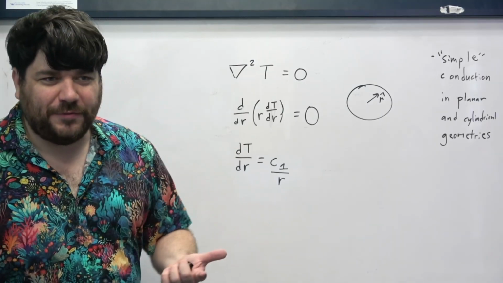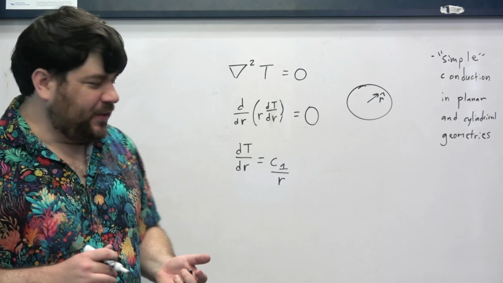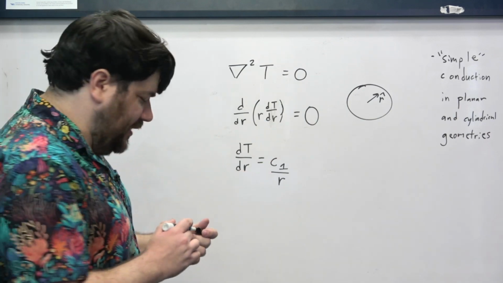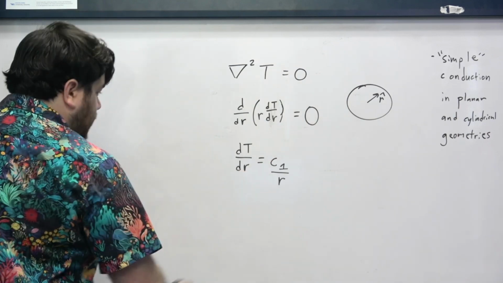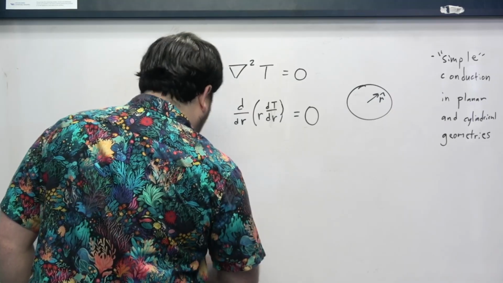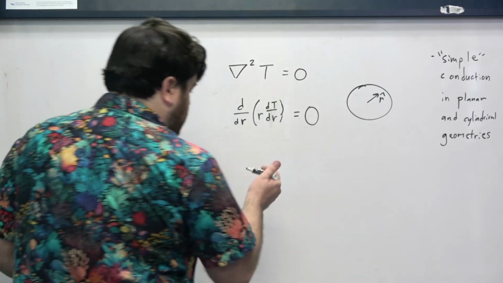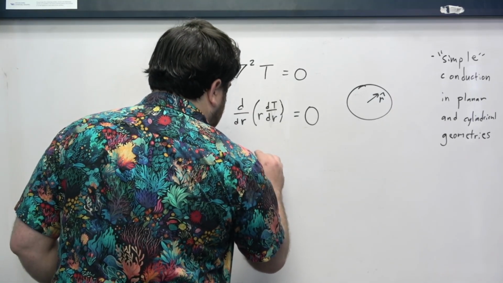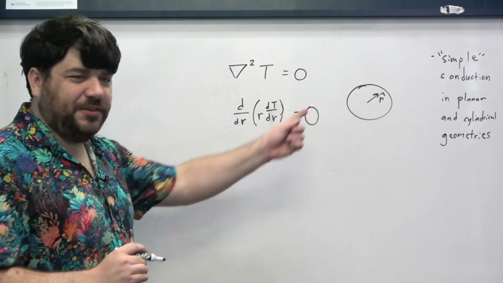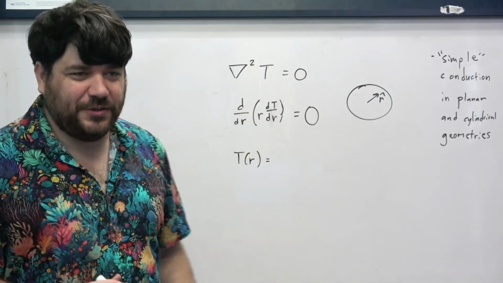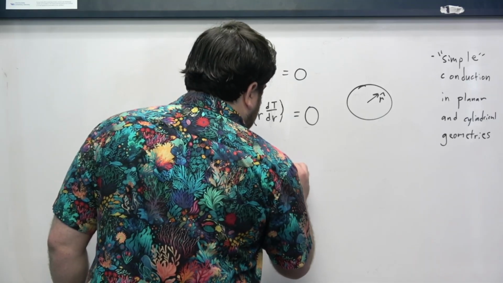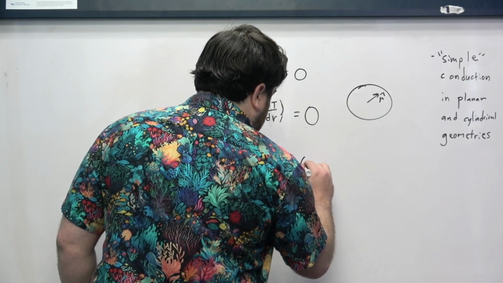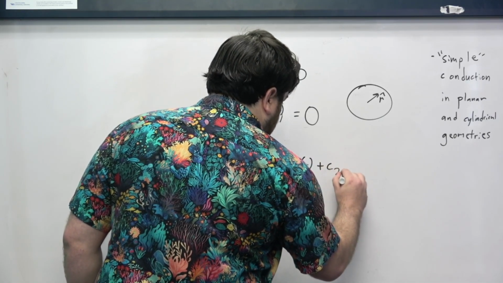This is also straightforwardly integratable. This is just 1 over R, so using basic calculus rules, what we will wind up observing is that the temperature distribution of a cylinder or a cylindrical section is going to be the sum of the contribution of two terms.